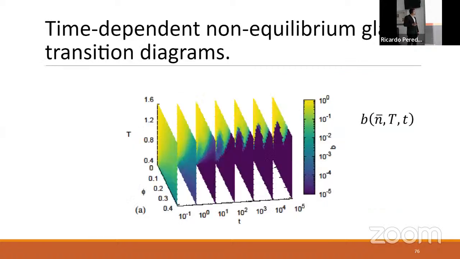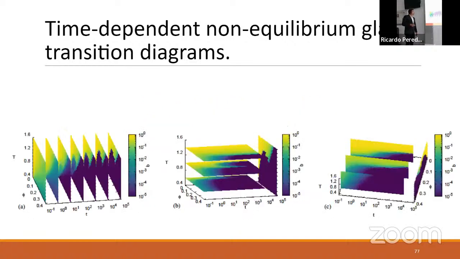Well, for our systems, we were just describing such cuts along the mobility, but we can end up following different planes. For example, we can have density versus time planes, or temperature versus time planes, for different cuts in density or for different cuts in final temperature.